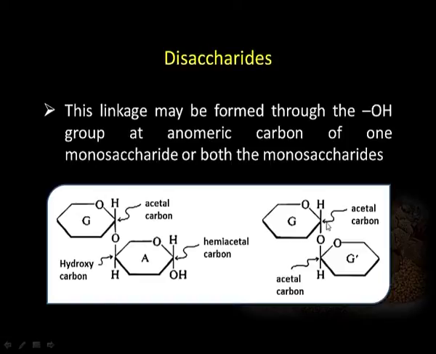So now both are basically having the glycosidic bond. If I call this monosaccharide as a glycoside, this is aglycone, or this as a glycoside, this is aglycone. So we will see that such disaccharides can be named in two different ways.